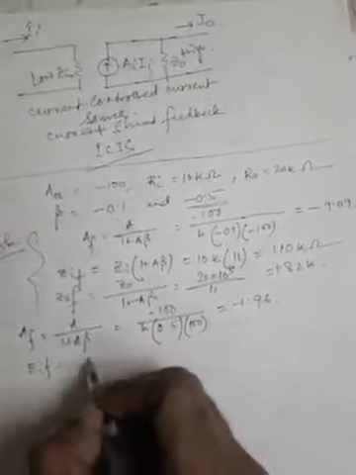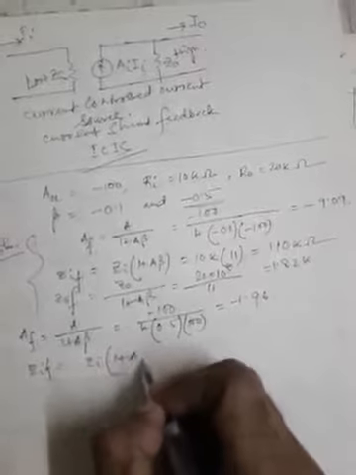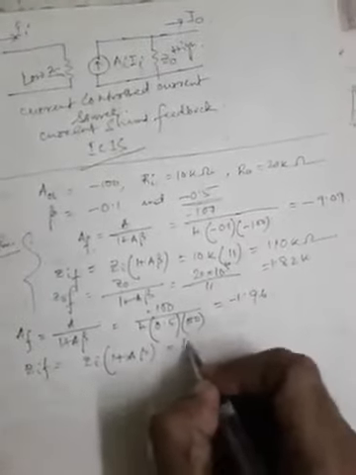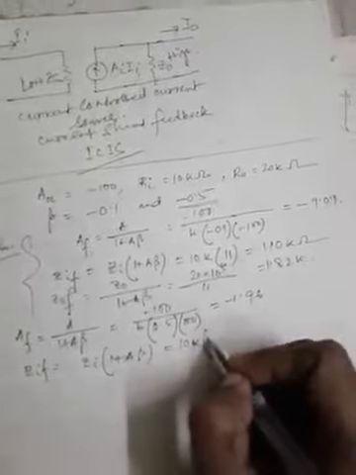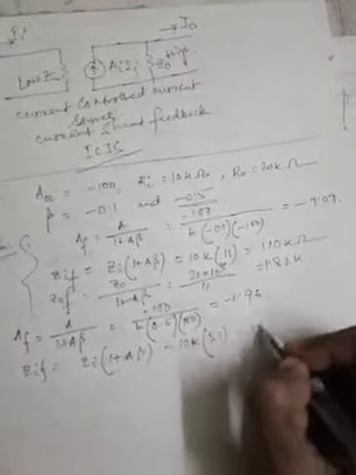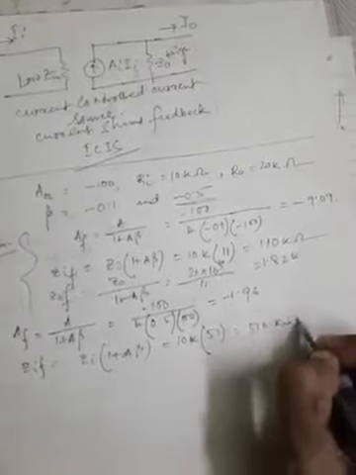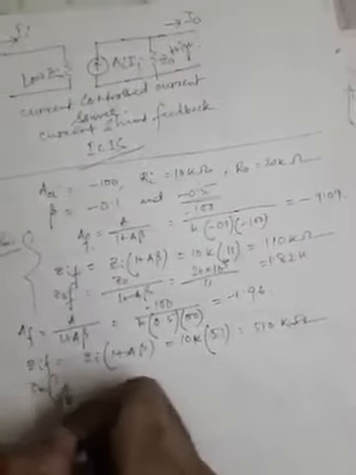ZIF is given by Zi into 1 plus A beta, and that is nothing but 10K into 51, that is 510 kilo ohm, and ZOF is ZO by 1 plus A beta, 20K divided by 51. So this is 392.16 ohm.